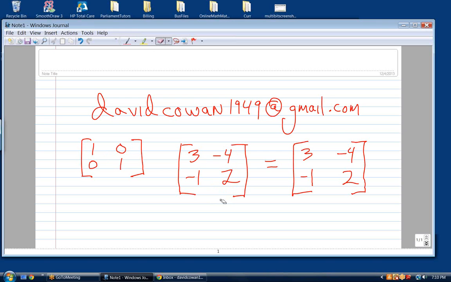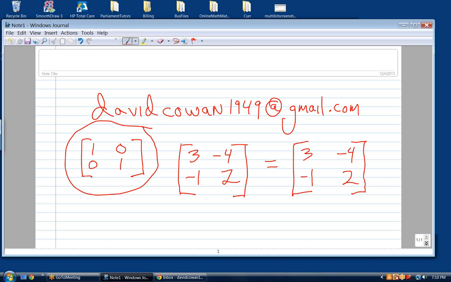Notice what we got. We got the same thing. Same matrix. And that's because we multiplied it by the unity matrix. It's kind of like multiplying numbers by 1. When you multiply numbers by 1, you get the same number. Well, when you multiply a matrix by a unity matrix, or whatever, what does your teacher call this? Does he have a name for it? I'm not sure. We just started this last class. Okay. There may be a special word for it.